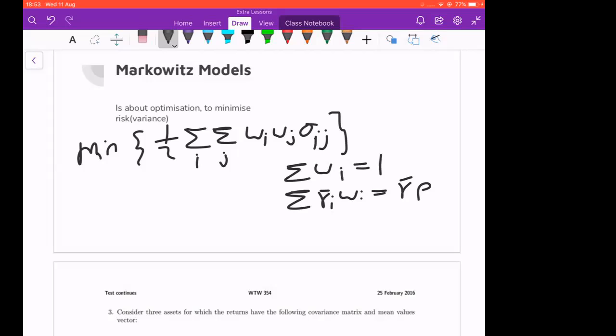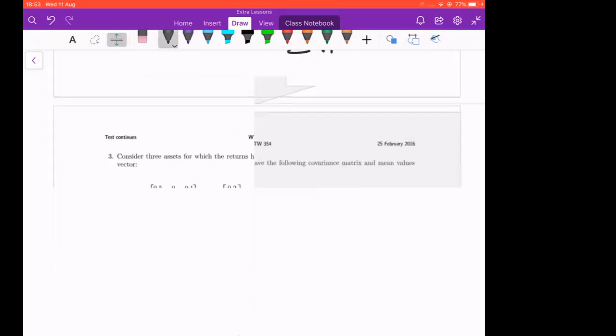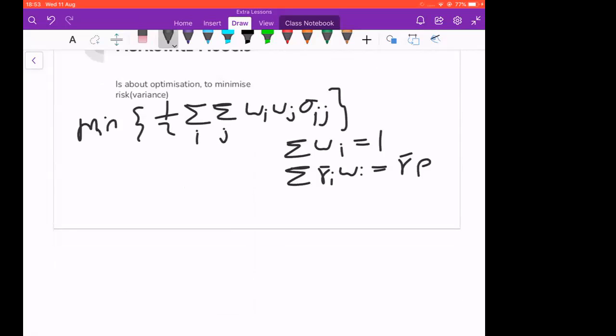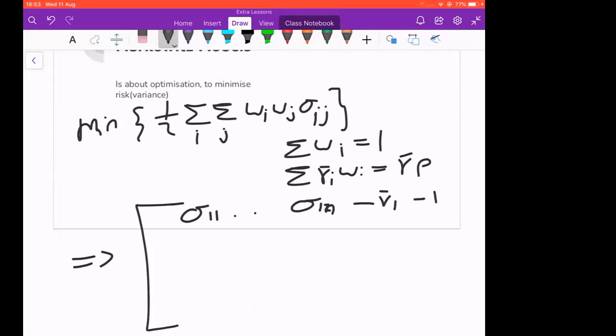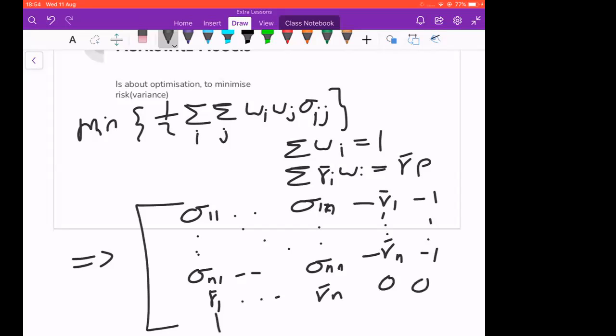I'm not going to prove this formula because I think by now most of you can, but at the end it will lead to something like this. Sigma 11 all the way to sigma 1n, minus r1 up to minus rn, then sigma n1 all the way to sigma nn, minus the expected returns of 1 to n, then 0 0 and 1 1, 0 0.